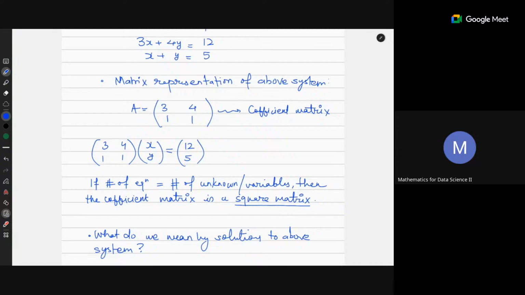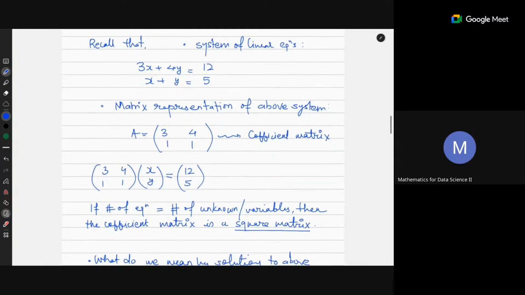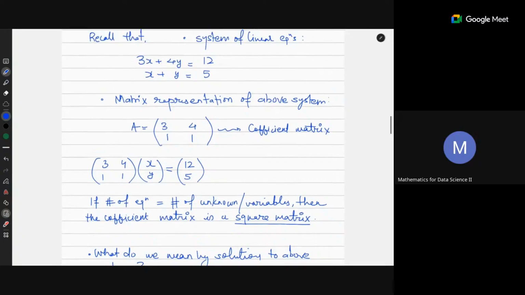So in today's discussion, we are interested in square coefficient matrices. Now we want to shift our attention to solving these systems of equations.